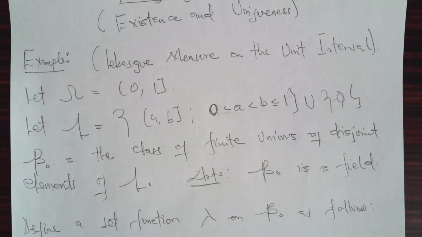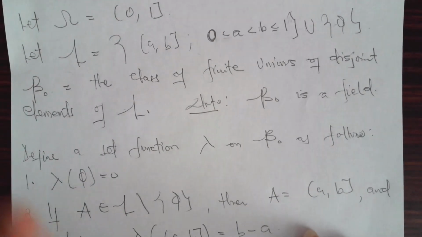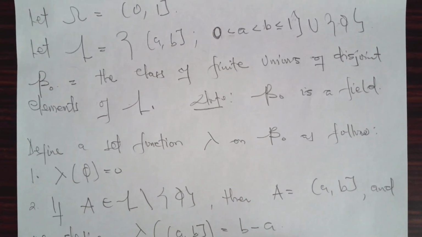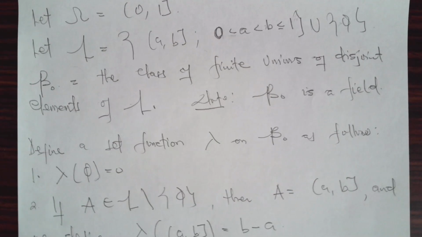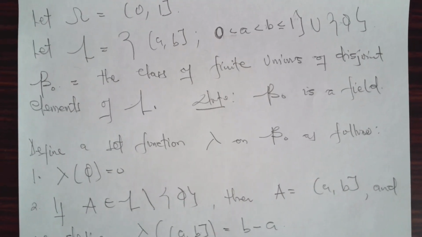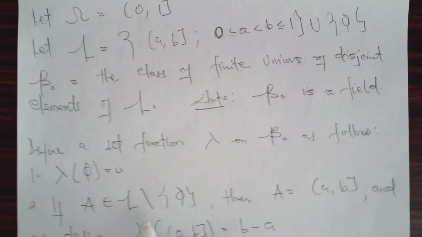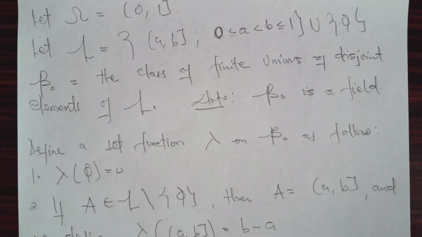Now we define the set function, that is the Lebesgue measure, on beta naught as follows. The Lebesgue measure of the empty set is 0. And if A belongs to the class L without the empty set, then A is equal to the half open, half closed interval (a, b].